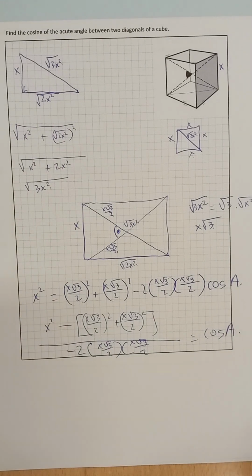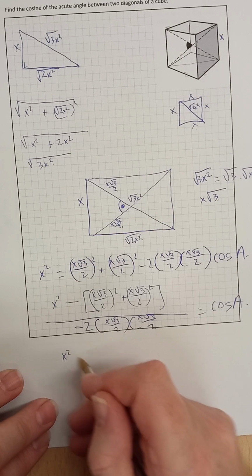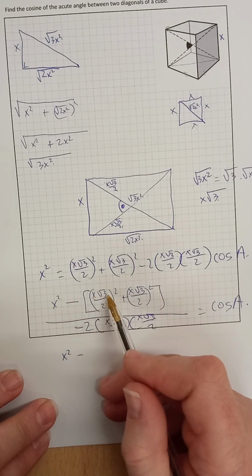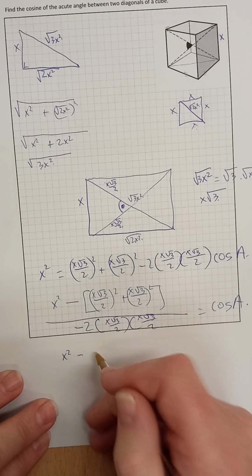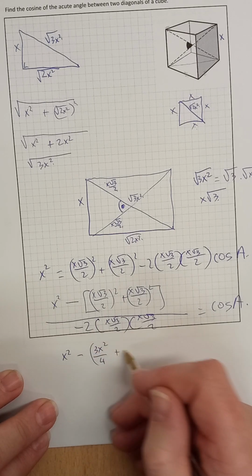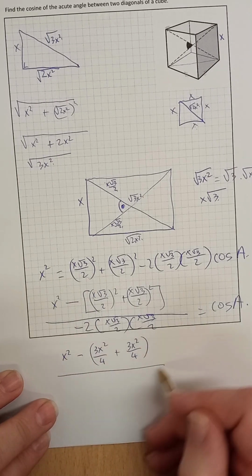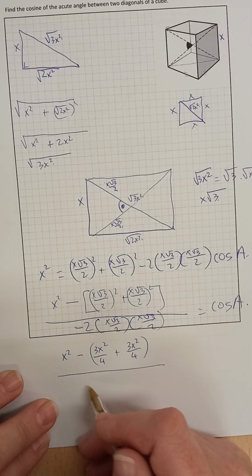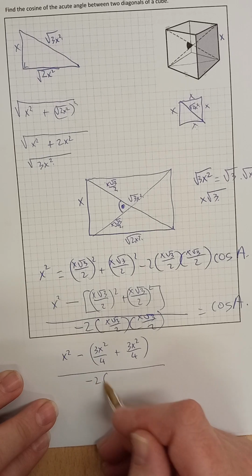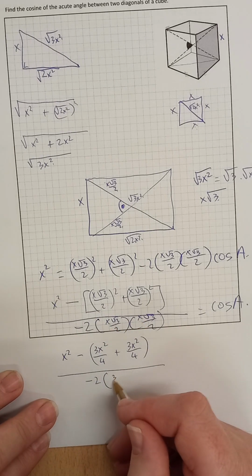Now, let's multiply everything out here. Don't be brave here. That's going to be x squared minus 3x squared over 4, plus the same thing again, over minus 2 times 3x squared over 4.